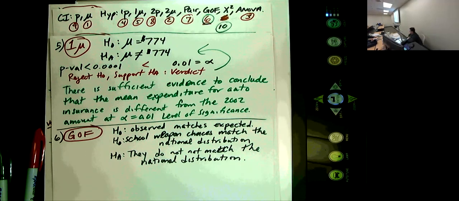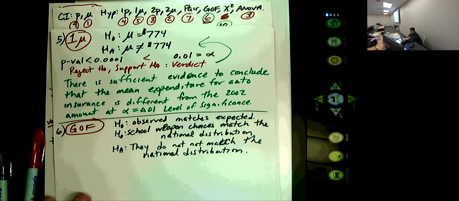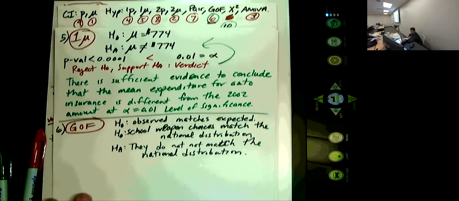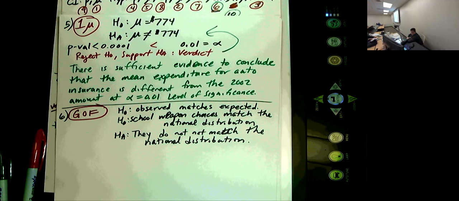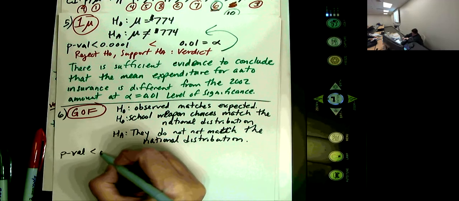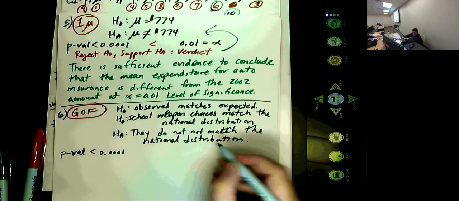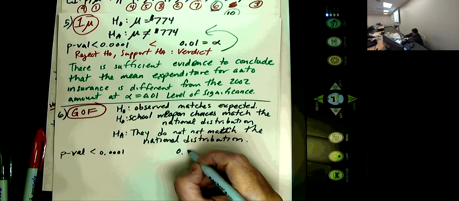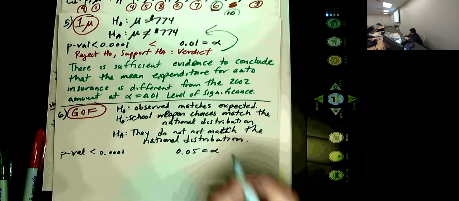My p-value here is less than 0.0001. Alpha is given as 0.05.